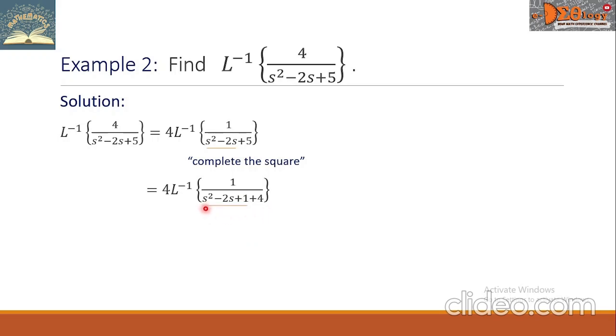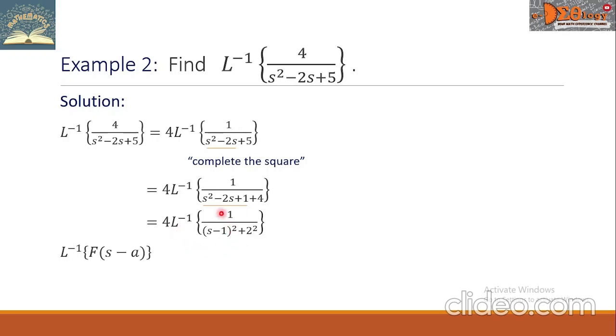Then we put the trinomial in one group, the s squared minus 2s plus 1, which we can factor into the square of a binomial. So we have s minus 1, the quantity squared, plus this number 4, which let us show is 2 squared.